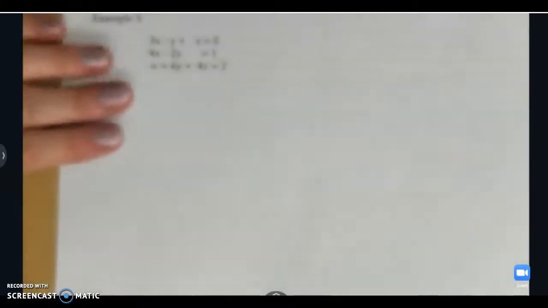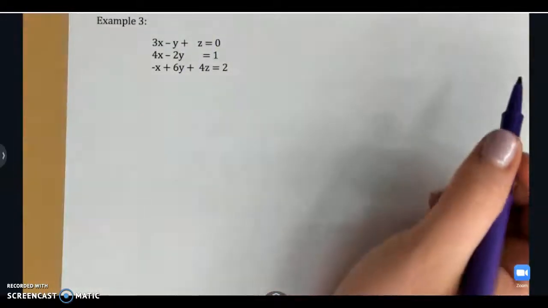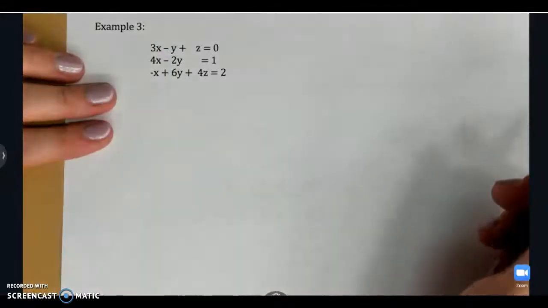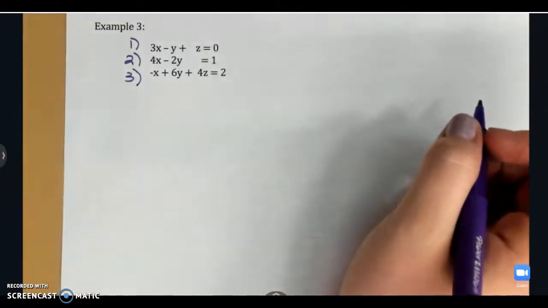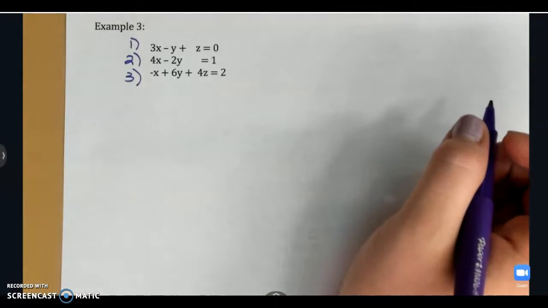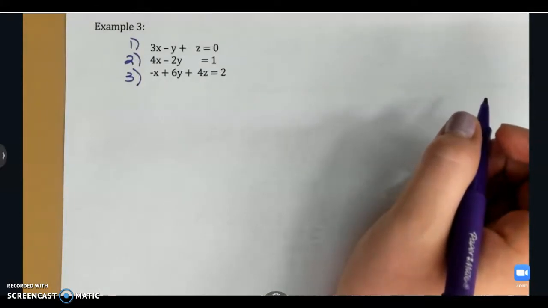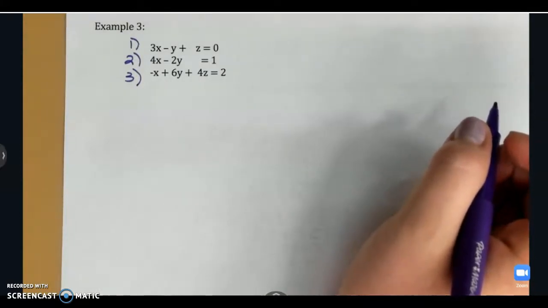On this one, my second equation, if you look closely, doesn't have a z in it. So I already have one equation where I only have 2 variables. So again, I'm going to number these. And equation 2 only has x and y. So to make life easier for me, I should try to make another equation that gets rid of my z's.